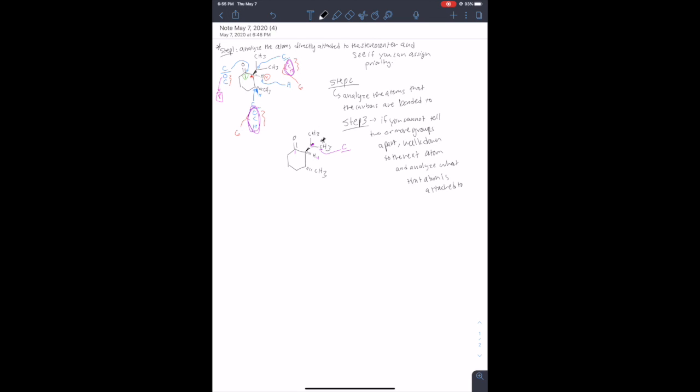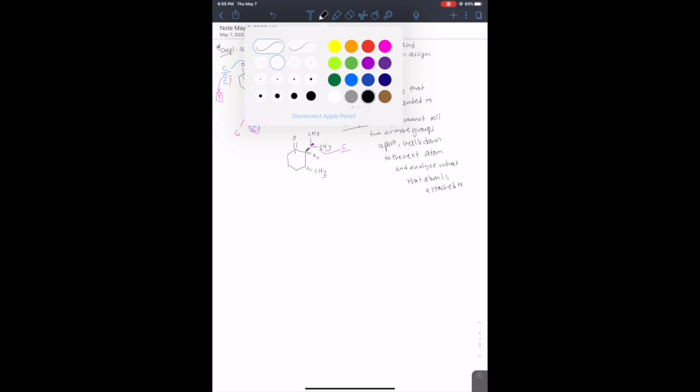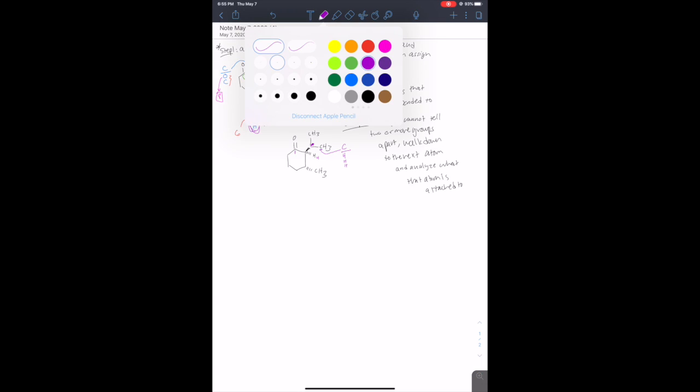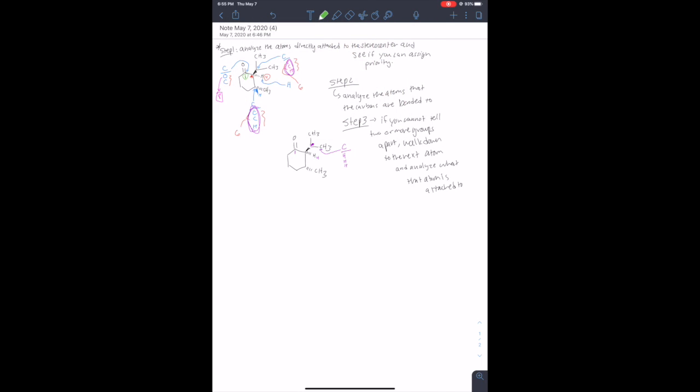We're analyzing this carbon atom and what it is attached to. You can see that it's attached to these 3 H's, so I'm just going to list that out. Got 3 H's. Okay, now we're going to move on to the other carbon that we were just analyzing.